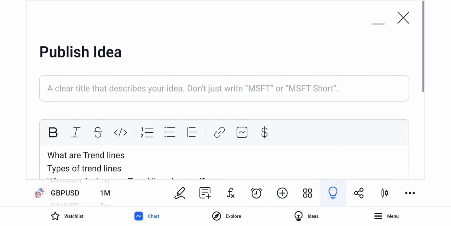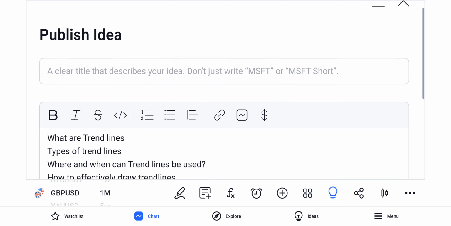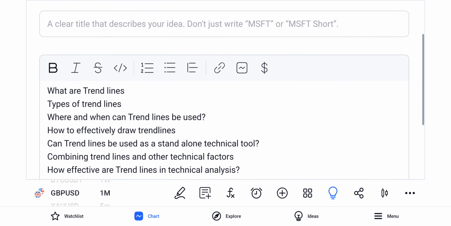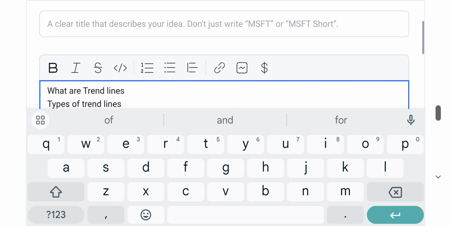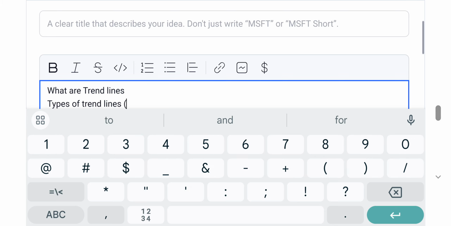So we always have a resistant trend line and a support trend line. So we are going to be moving now to the types of trend lines that we have. So we have resistant trend lines. Let me include it here. So we have what we call a resistant trend line, and we have a support trend line.